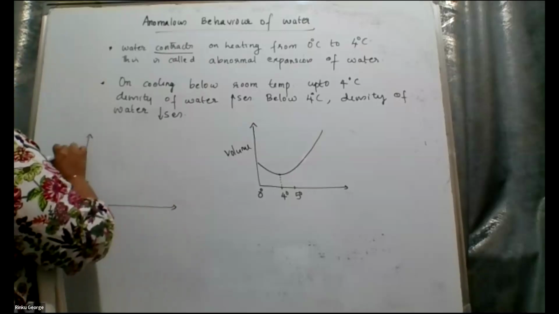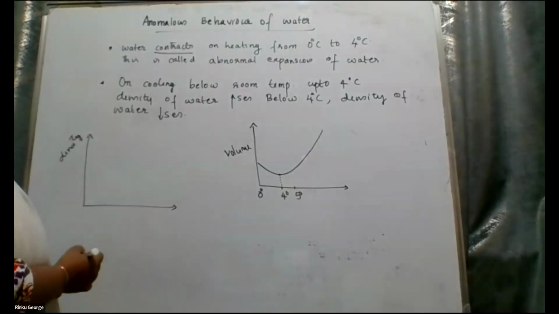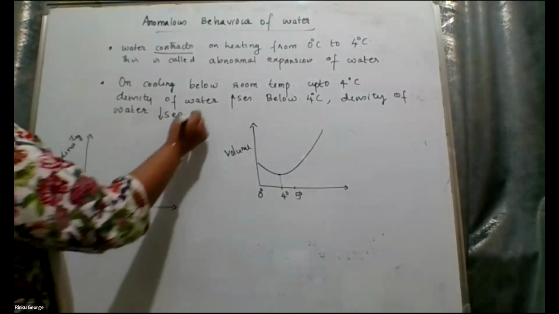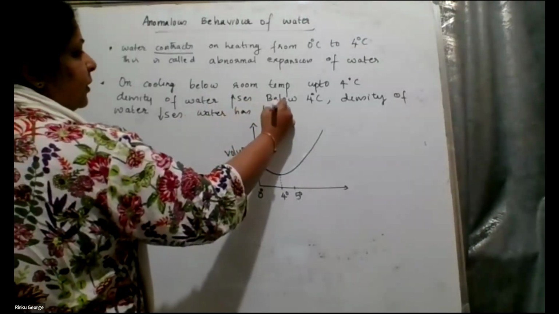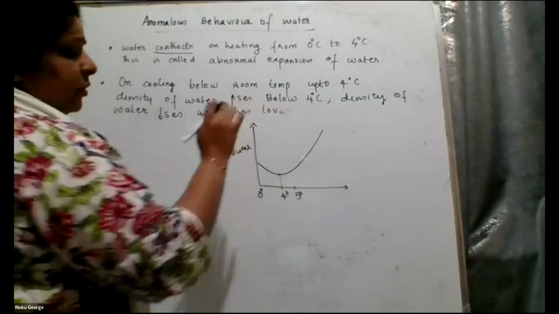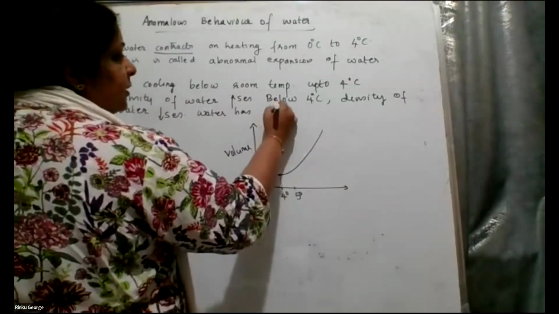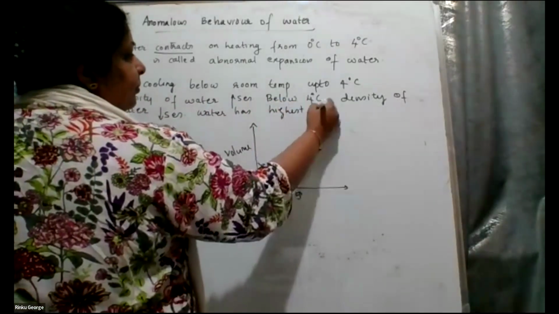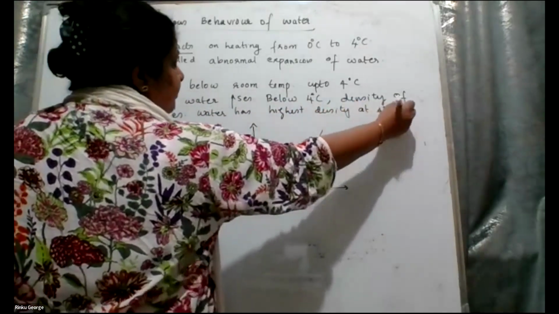Water has highest density at 4 degrees Celsius.